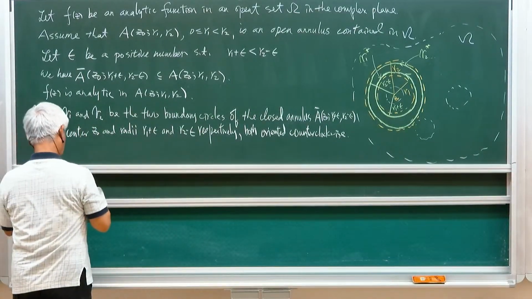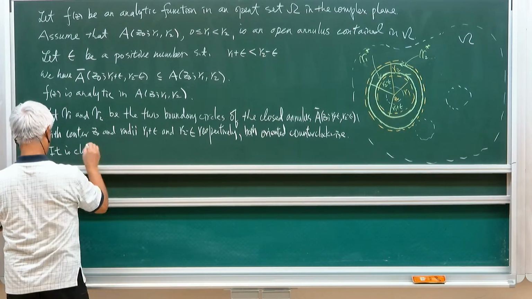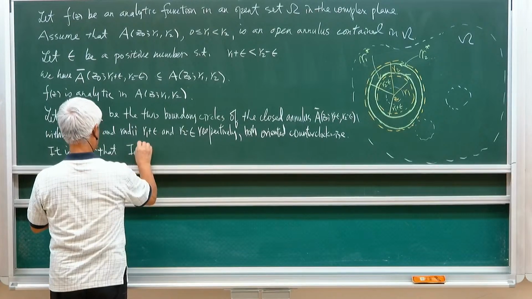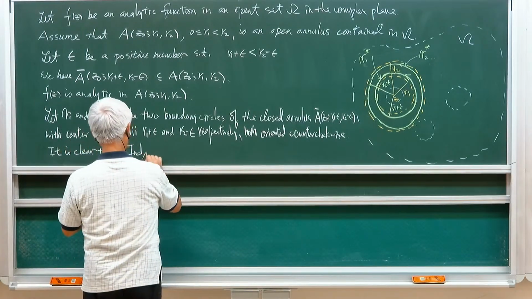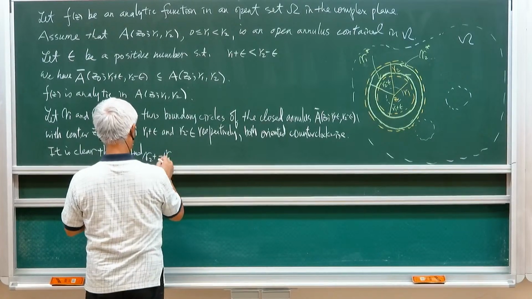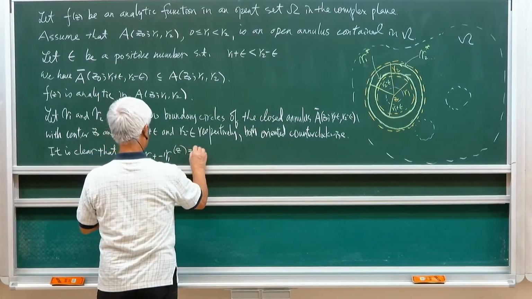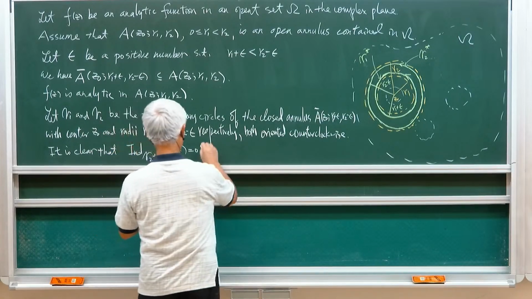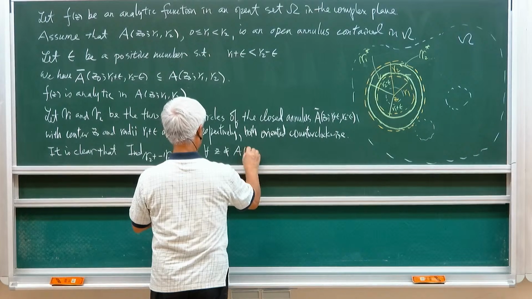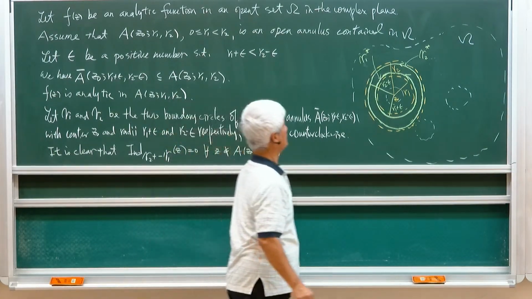So it is clear that the index of the cycle gamma 2 minus gamma 1 of z is equal to 0 for all z not in the yellow open annulus.